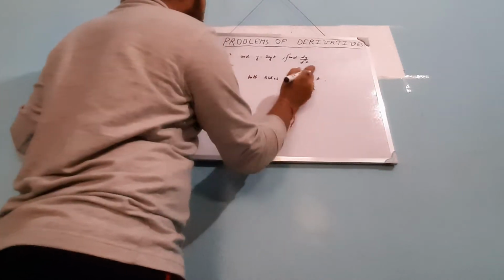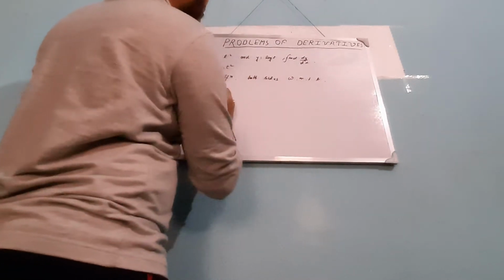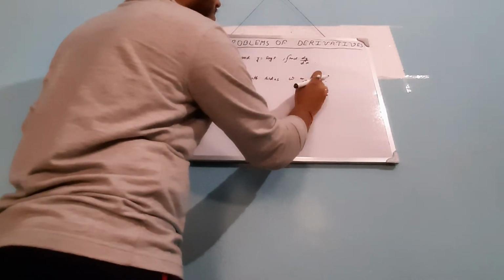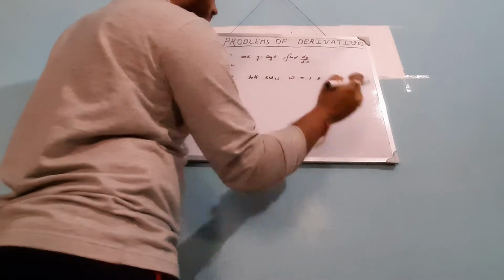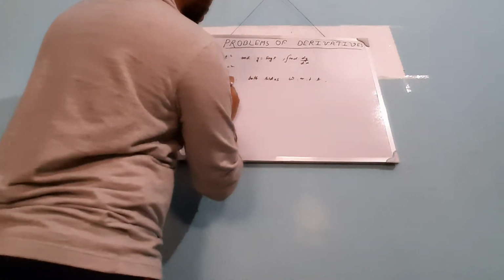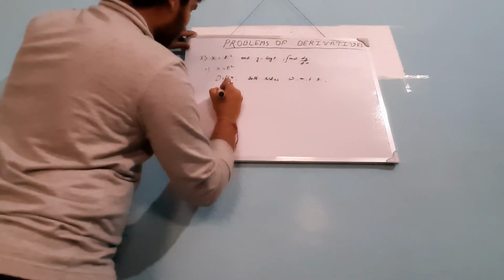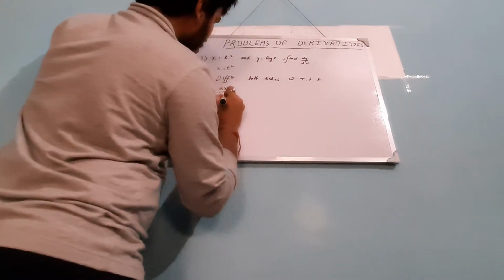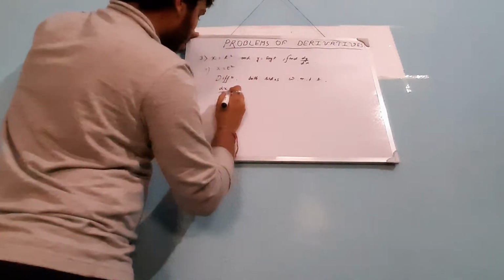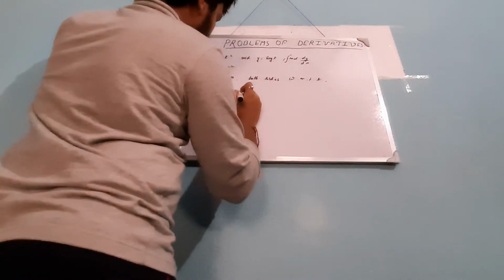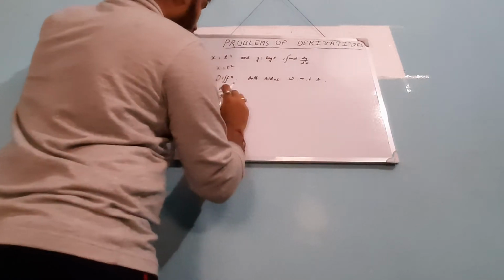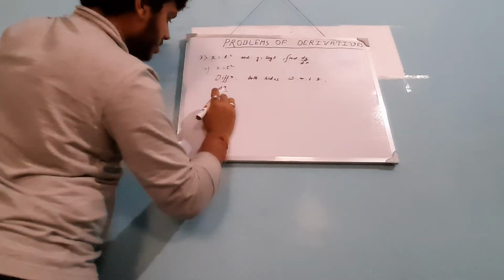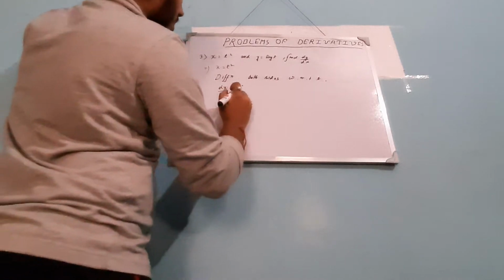I have written with respect to t because it is t square. If it is y, then it will be with respect to y. If it is z, with respect to z. So this will be dx by dt. You cannot write dy/dt of x means 1 because it is t. If it is dy/dx of x, then it will be 1.